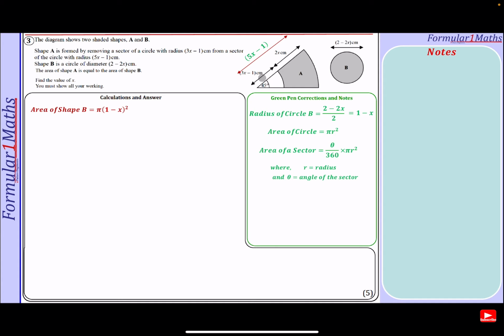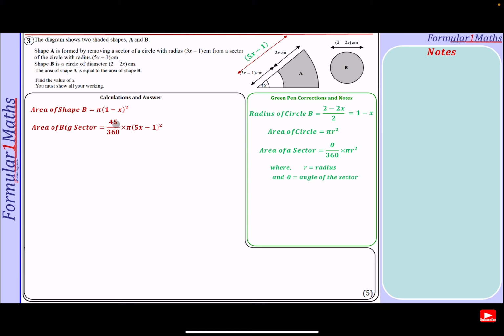Now the radius of the big circle will be to add this one into that to get 5x minus 1, and this was stated here. So we can go and write down the area of the big sector. The area of this big sector here is 45 over 360 pi times the radius squared.